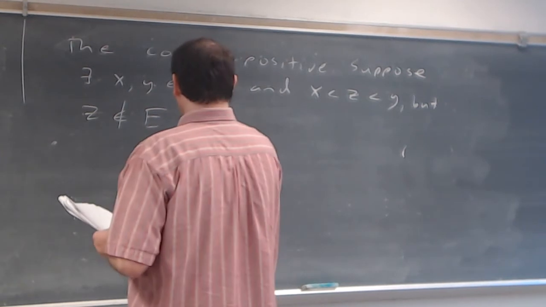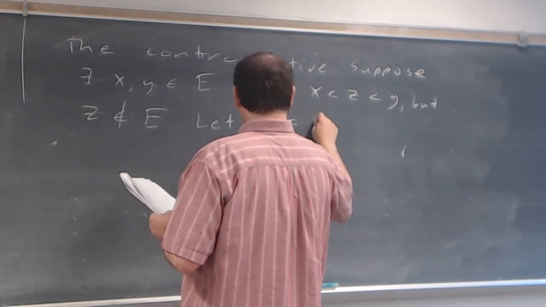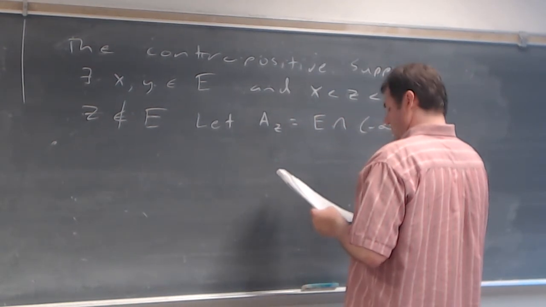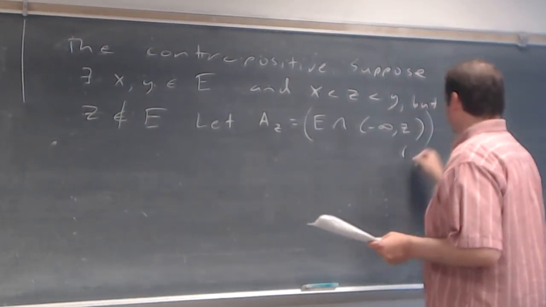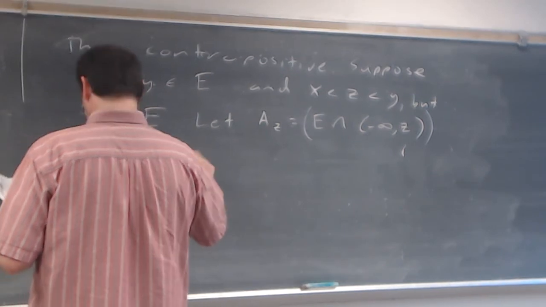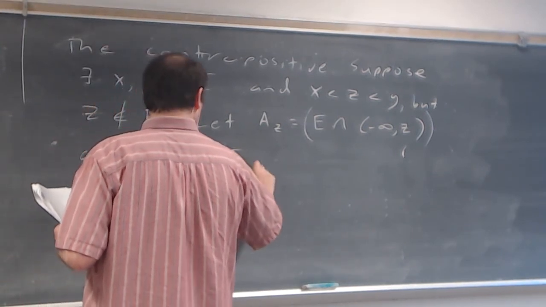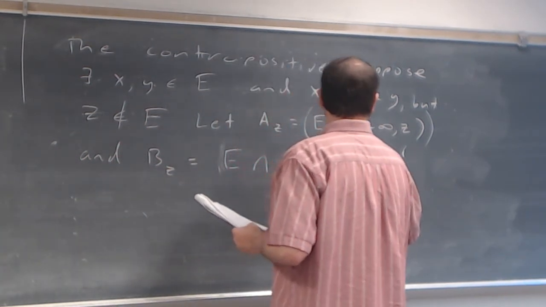So what we're going to do is look at these two sets. Let A sub z be equal to E intersect (-infinity, z). That's what A is. And B sub z be equal to E intersect (z, infinity).